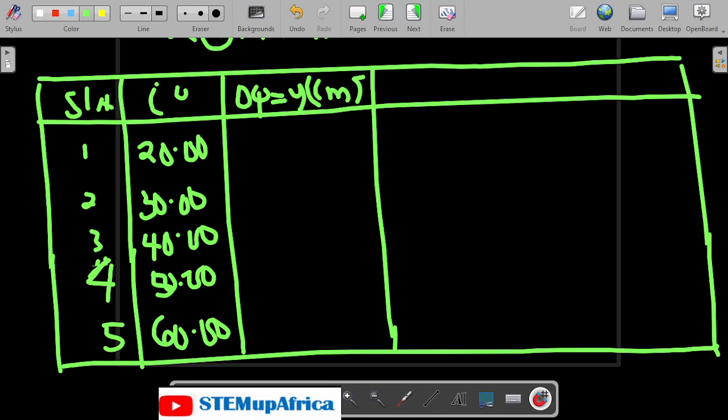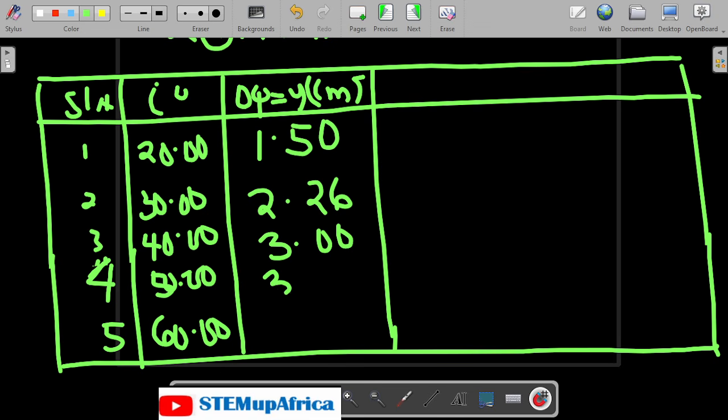So the first value we have there is 1.50. Second one is 2.26. The third is 3.00. The fourth 3.80, and the fifth 4.50. These values are 100% accurate.